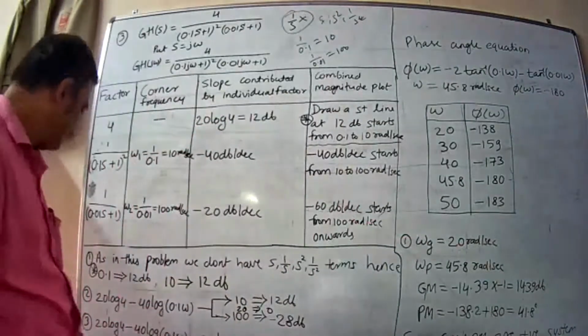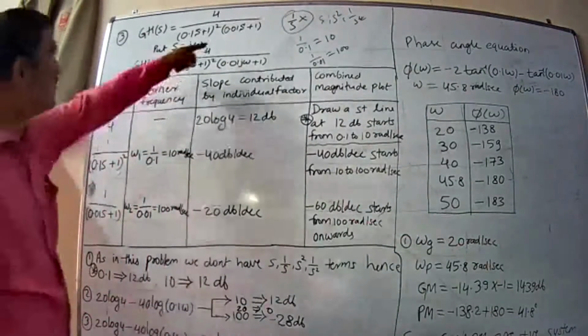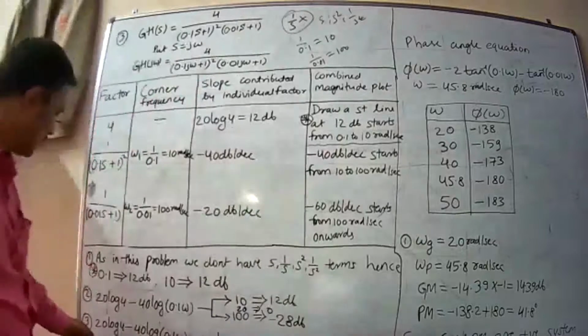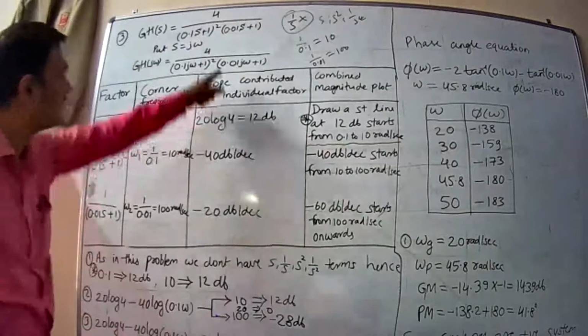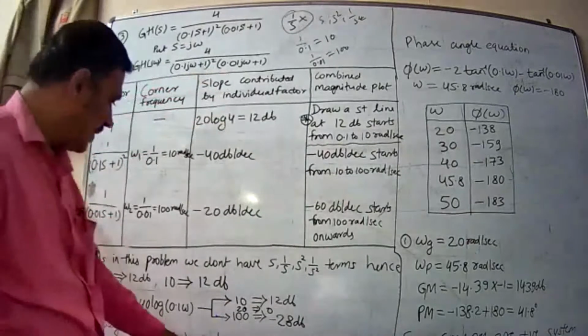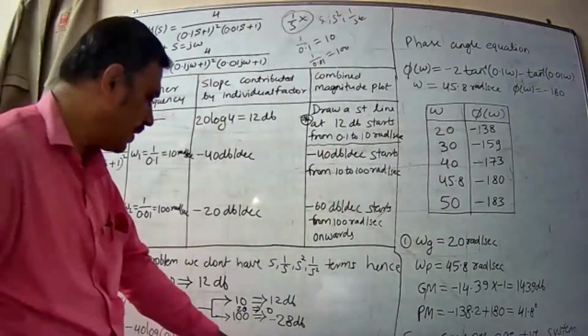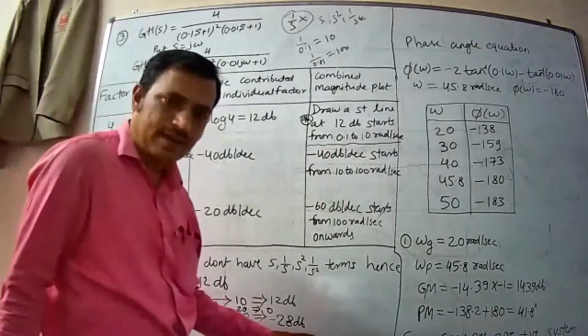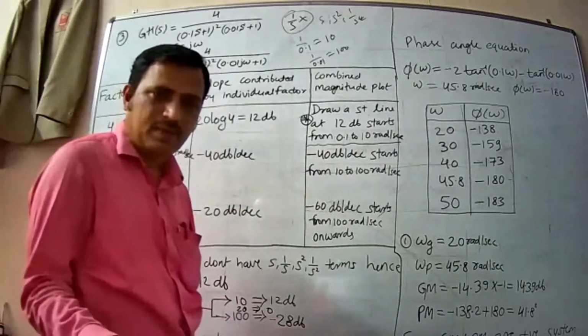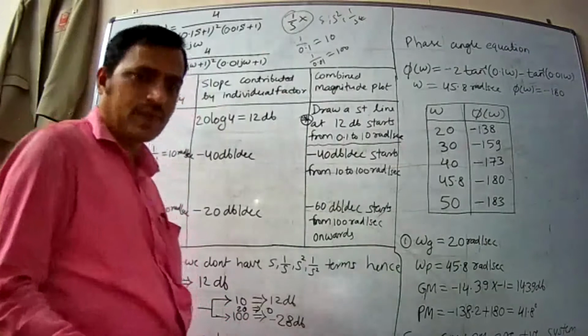Next one is the third equation, considering all the factors. That is 20 log 4 minus 40 log 0.1 into omega, because again this factor is in the denominator, minus 20 log 0.01 into omega. Here the range is starting from 100 and the next value depends upon you.